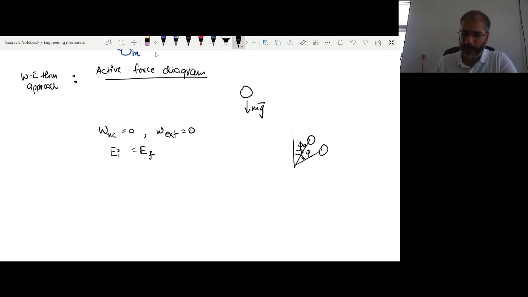So the initial energy will have a potential energy component and a kinetic energy component, same for the final energy.